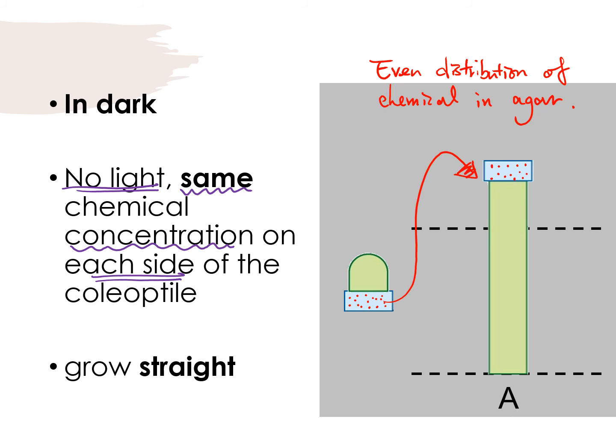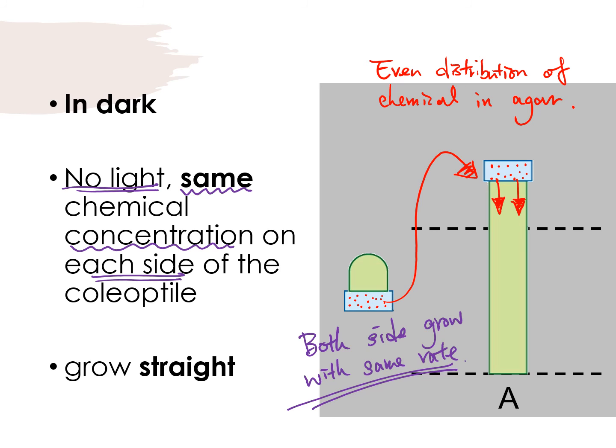Therefore, when the chemical diffuses down into the coleoptile, it is going to cause both left and right sides of the coleoptile to grow at the same rate. So therefore, at the end, the coleoptile grows straight upward.